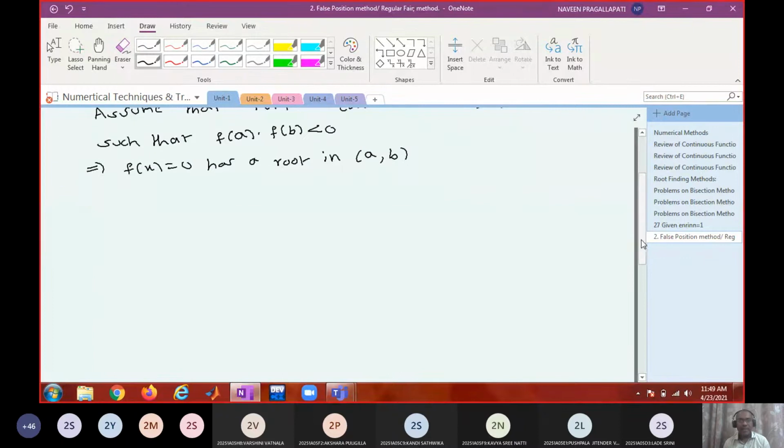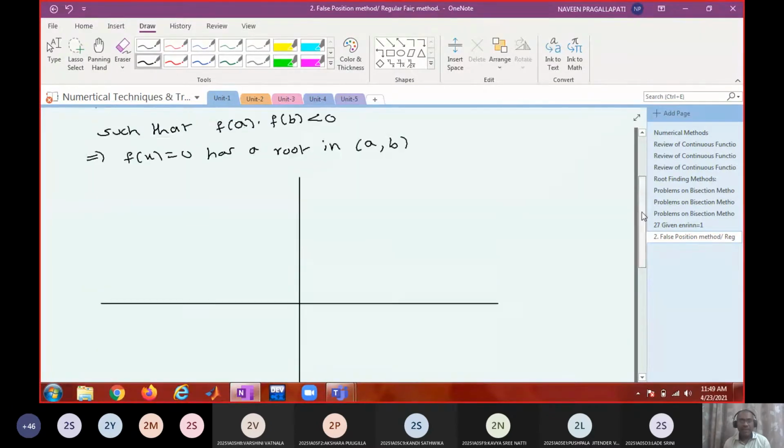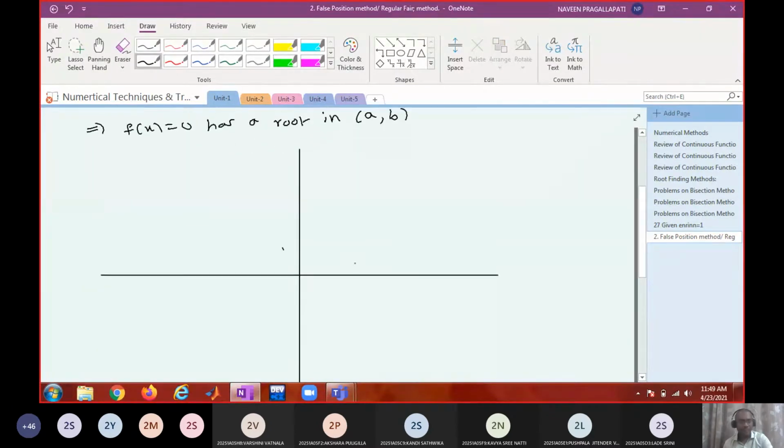Okay, so I'm just again drawing a graph. Listen carefully. Let us say a is here, let us say b is here. Let us say f of a is positive, f of b is negative.